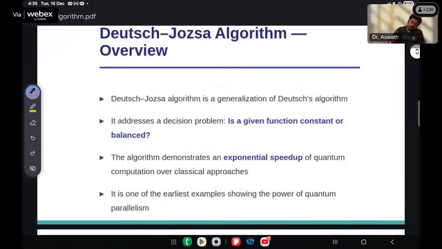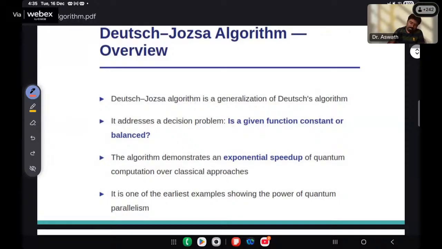And it addresses a decision problem: for a given function, whether it is constant or balanced will be found out by this Deutsch-Jozsa algorithm across two parties. One party is supposed to use a function which could be balanced or constant, and the other party would find out by seeking a smaller number of queries to the first party.